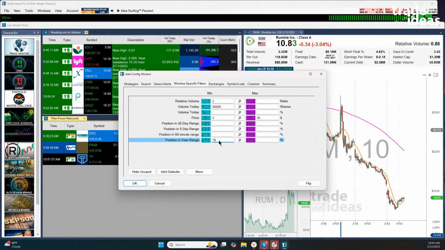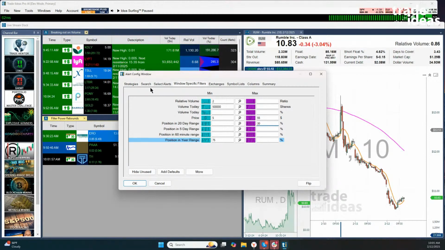That means it's kind of at the high of its yearly range, as you can probably imagine. Okay, but position in 20-day range, I'm going to say maximum of 30. You see what I'm doing, the painting that's happening here. Okay. So over the last 20 days, it's kind of on lows, but over the year, it's close to highs.